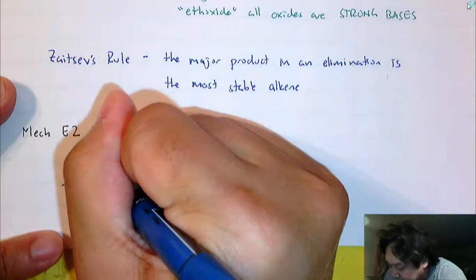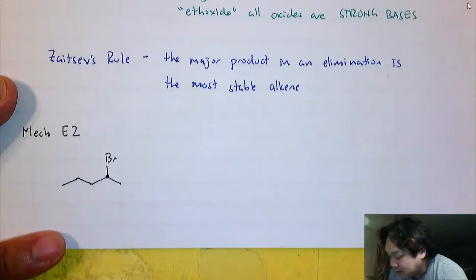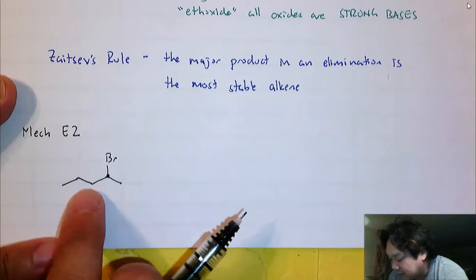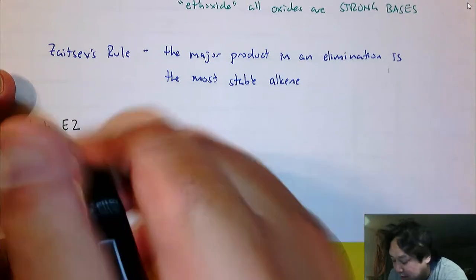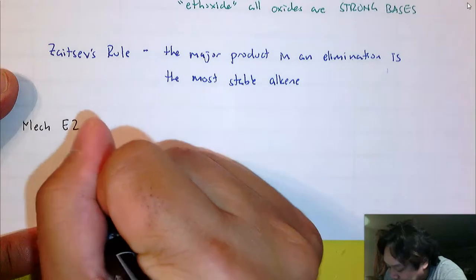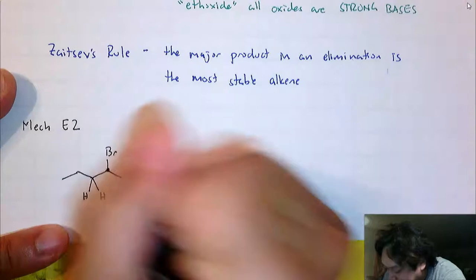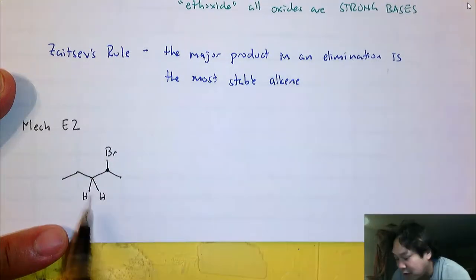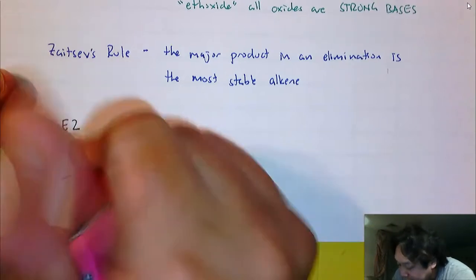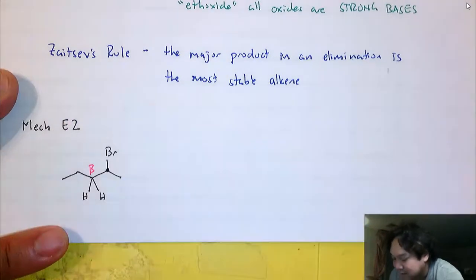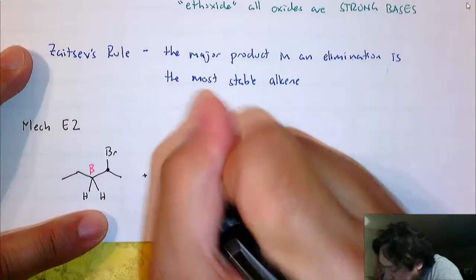We'll look at E1 in a different video. The major product is removing the beta hydrogen off of this beta carbon on the left. You have to draw all the hydrogens on that carbon if you're going to remove one of them. You just can't draw one. You have to draw all of them. If you draw one, you draw all. Not all in the molecule, all for that carbon. That's your beta. You could label it if you want. We have a strong base, and the base, again, was ethoxide.